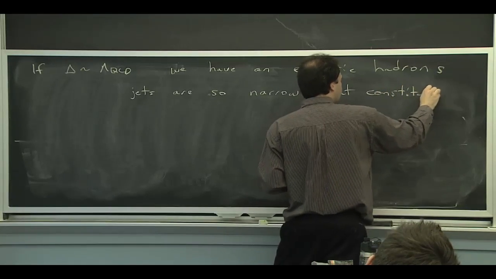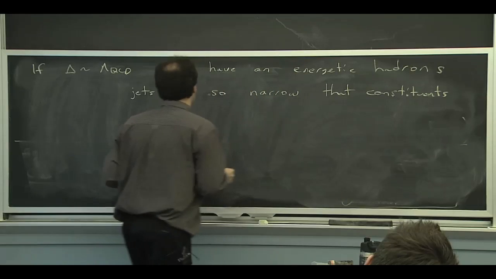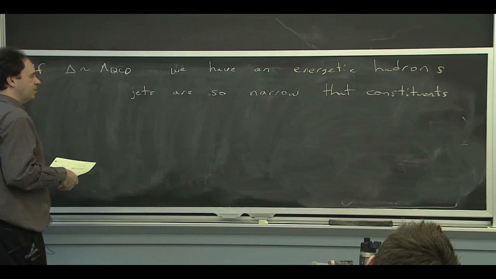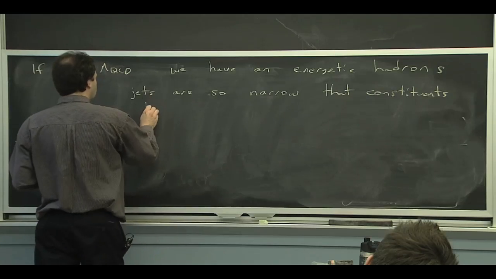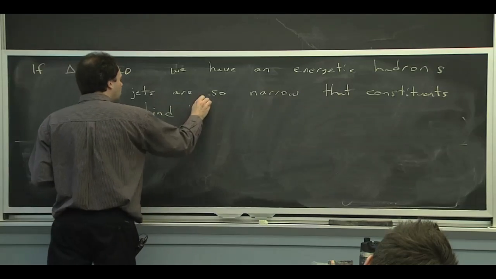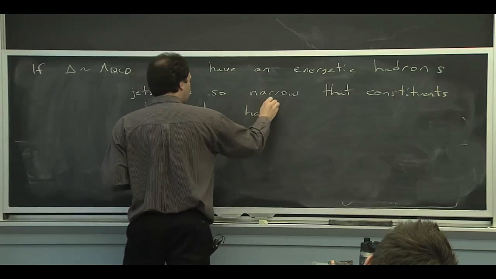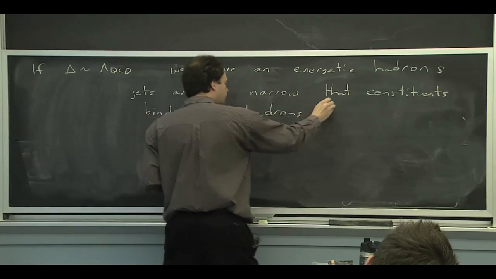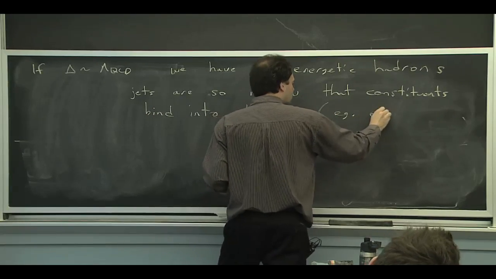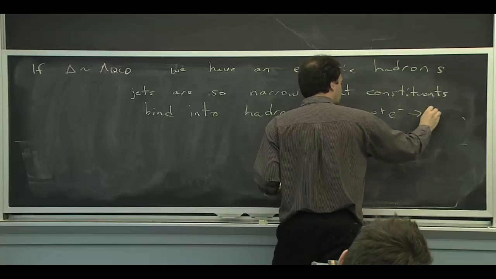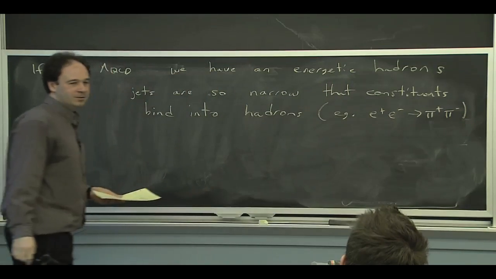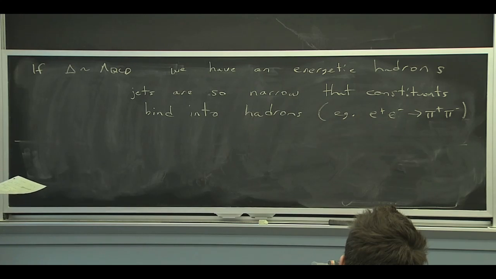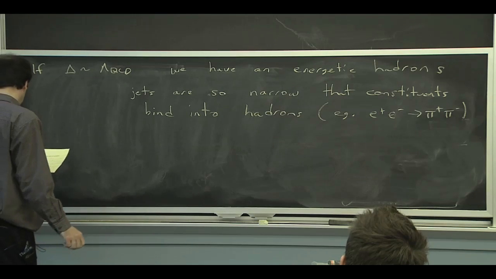And that might be something you want to talk about, but it wouldn't be talking about E plus E minus to dijets. You'd be talking about E plus E minus to pi plus pi minus or something. And then you'd actually use this other SCET that we were talking about a moment ago, not the one for jets.